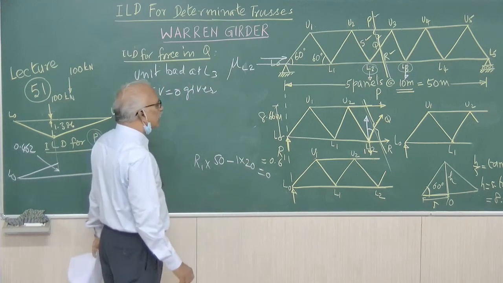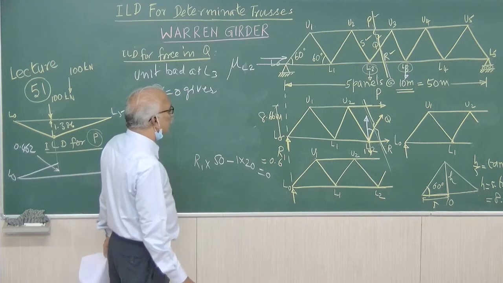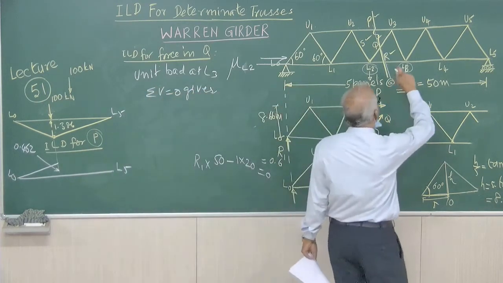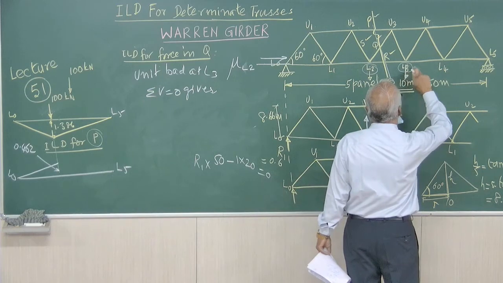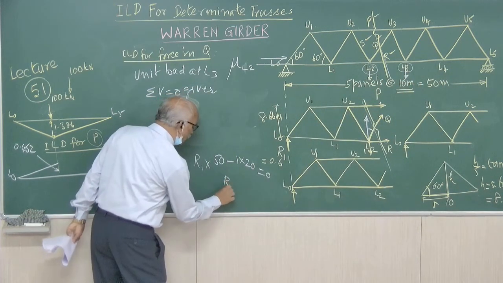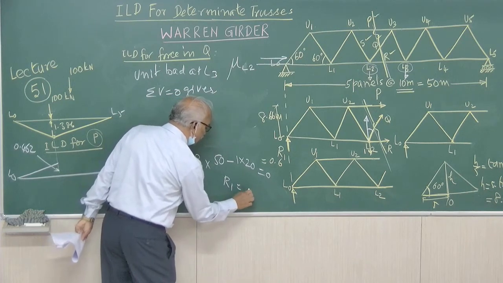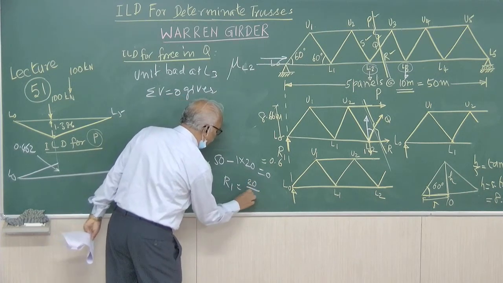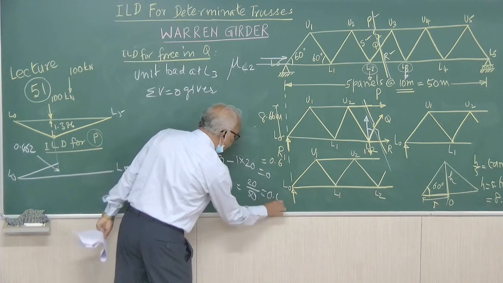Take moment about L5, it is L3, for unit forces L3, 10 plus 10, 20 equal to 0. Therefore, R1 equal to say 20 by 50 equal to 0.4.